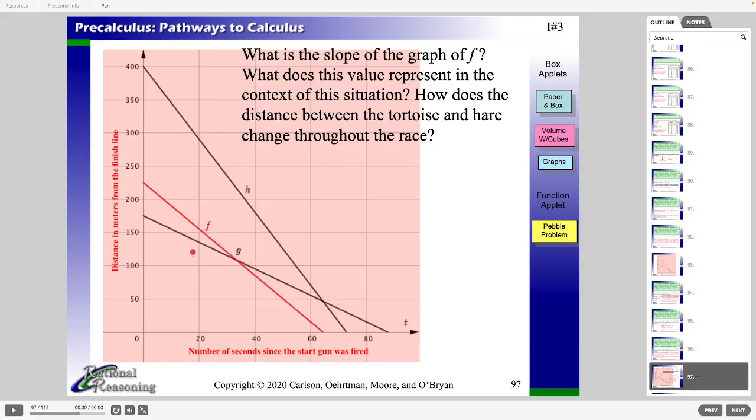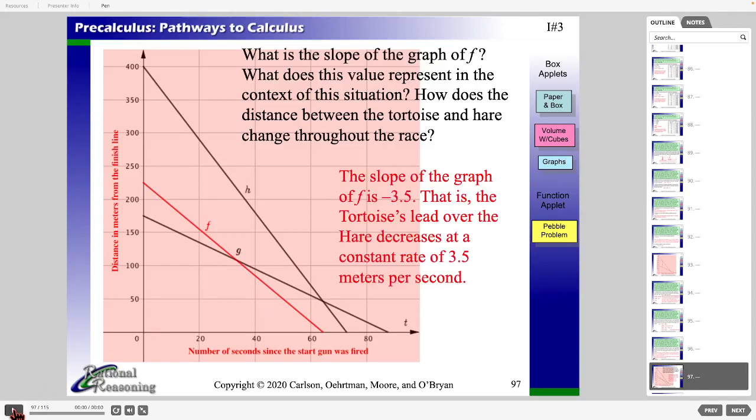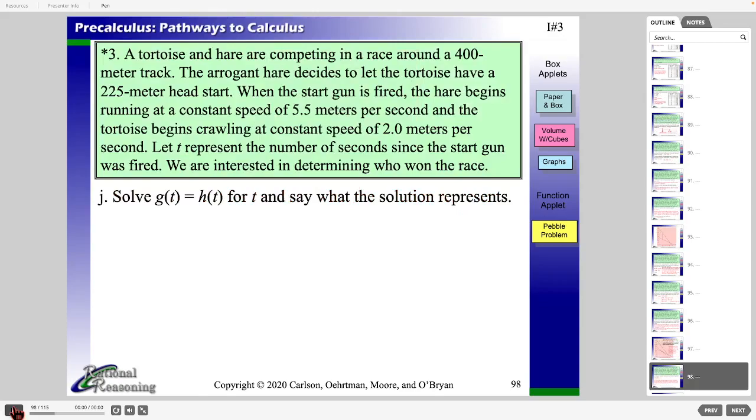It's steeper than the speed of the tortoise, but not as steep as the speed of the hare. Because as the hare moves at 5.5, the tortoise is still moving ahead, so it's only catching up by 3.5 per second. Okay, so it's negative 3.5. That's how the distance between the two is changing.